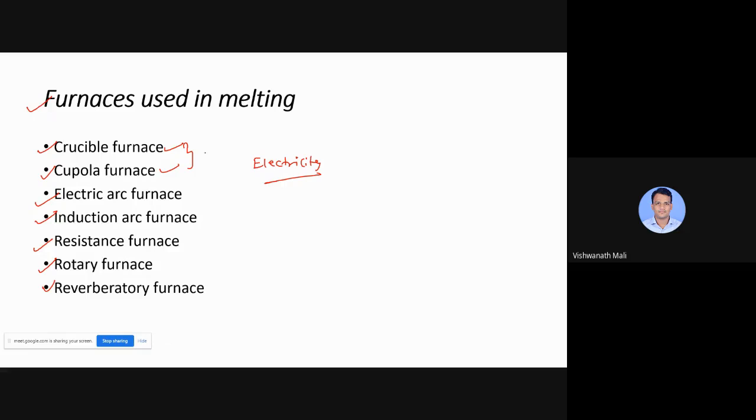In these, with the help of coal or some oil, we generate the heat, and with that heat we melt our material. Then we have seen the electric arc furnace, induction furnace, and resistance furnace. With the help of electricity, we generate the heat, and that heat is used to melt our material.